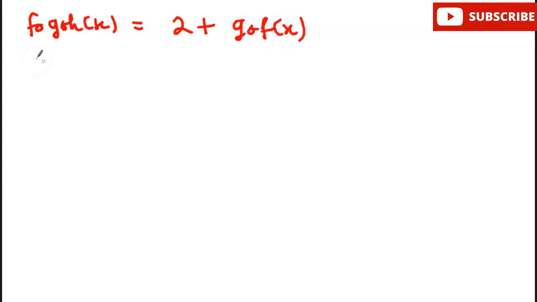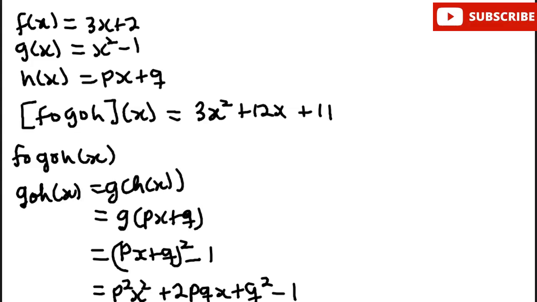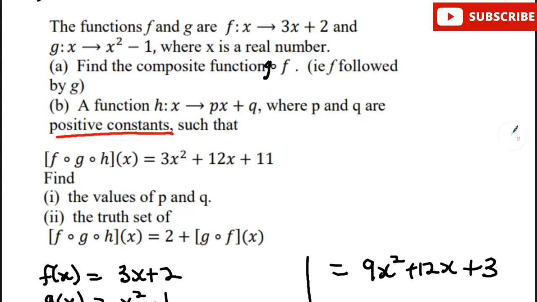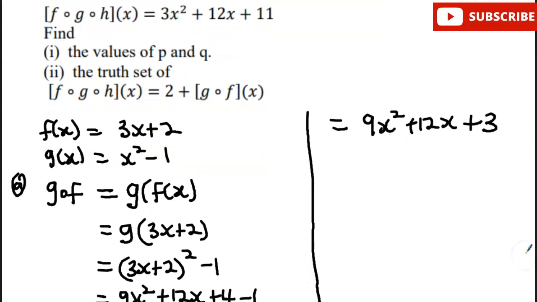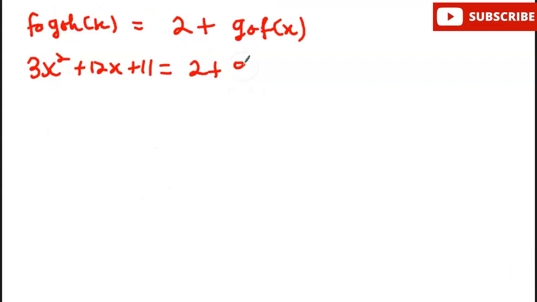So let's go back. We know this is 3x squared plus 12x plus 11 is equal to 2 plus, what about g o f? g o f is 9x squared plus 12x plus 3. So this 12x will cancel.